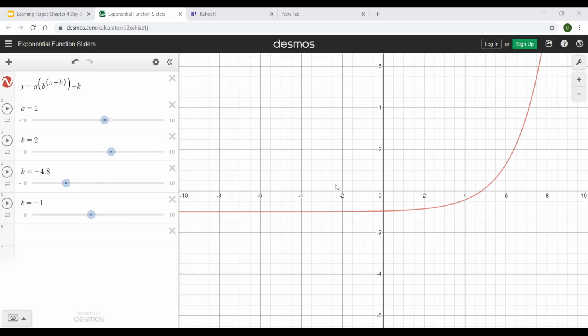How does it move, which way? So you guys are telling me this is supposed to move what way? Horizontal shift, to the left or right? Left. What's the 5 mean?